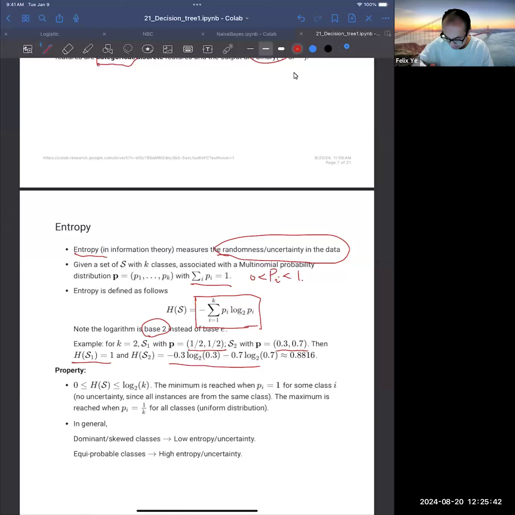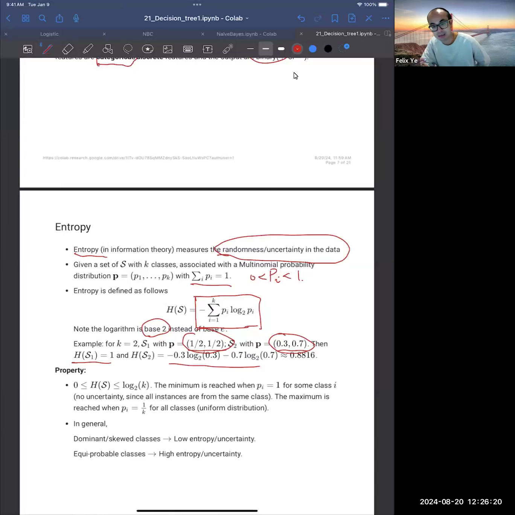So half-half contains more uncertainty than 0.3 and 0.7, which makes sense, because for the second vector it is more likely to be on the 0.7 part, whereas for half-half it can be either the first or the second. This is very intuitive.